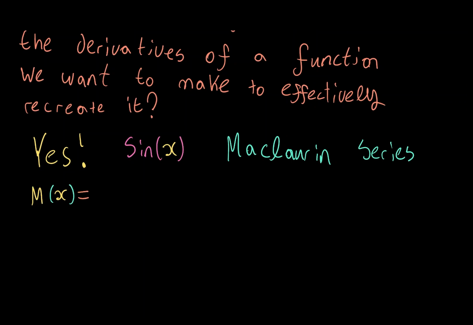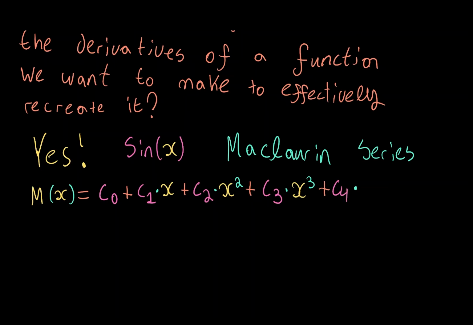This will be equal to c0, c for constant, plus c1, another constant different from c0, times x, plus c2 times x squared, plus c3 times x to the power of 3, plus c4 times x to the power of 4, and so on.